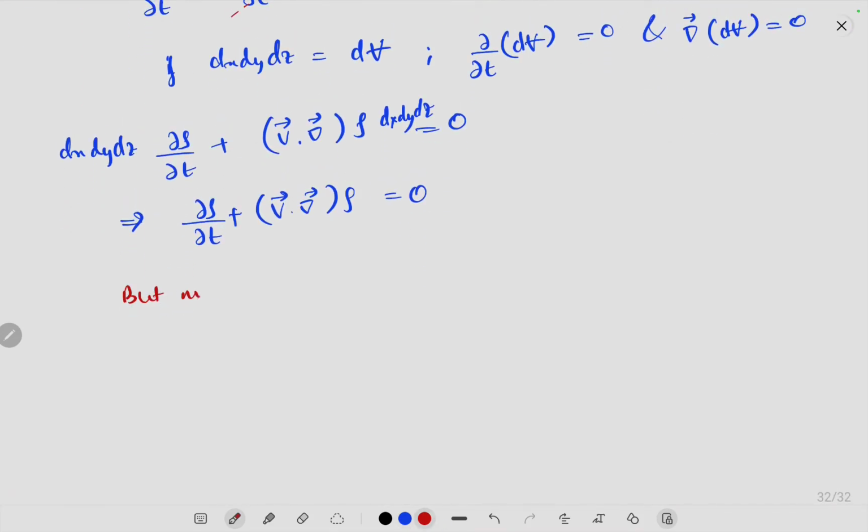But my continuity equation is ∂ρ/∂t plus divergence of ρv equal to 0.